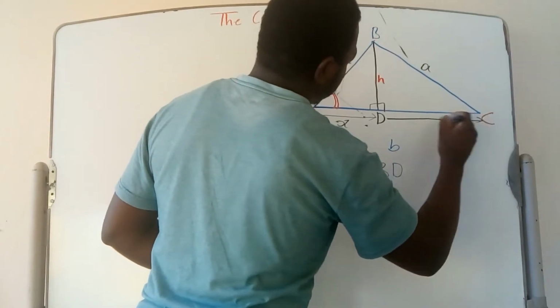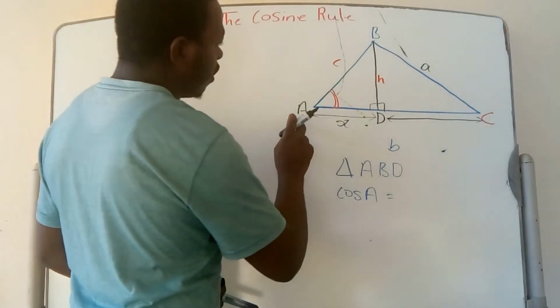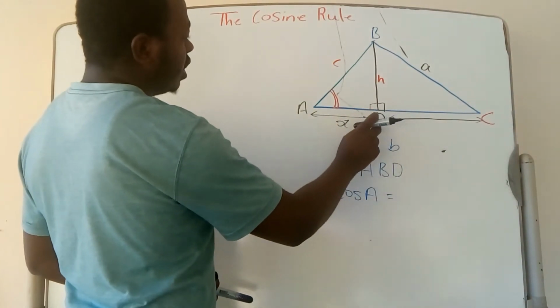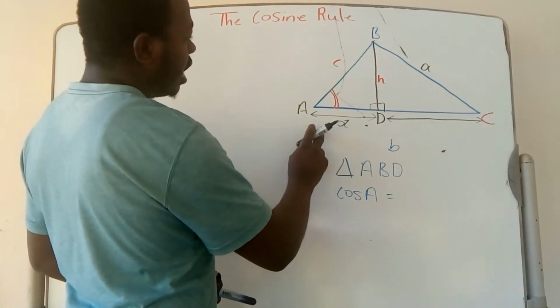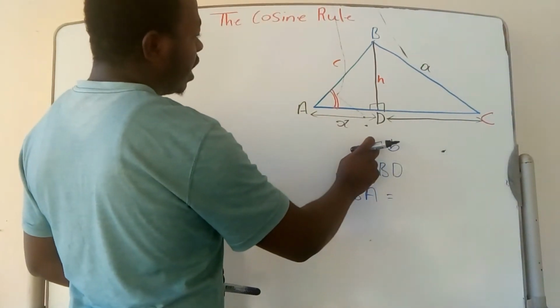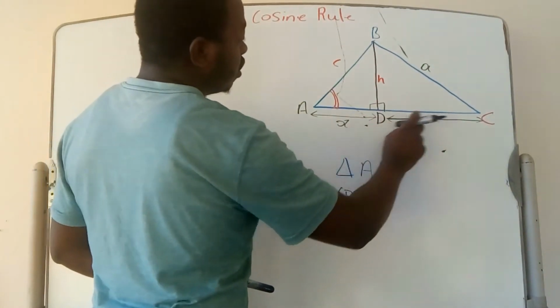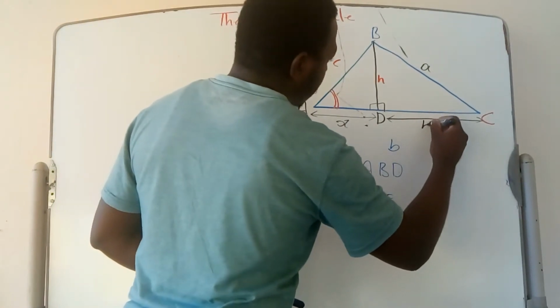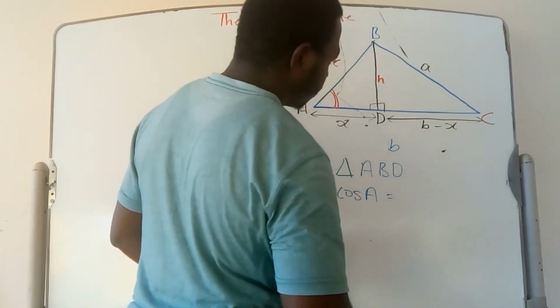If the distance from A to D is X, and the distance from A to C is b, it means that the distance from D to C has to be b minus X.